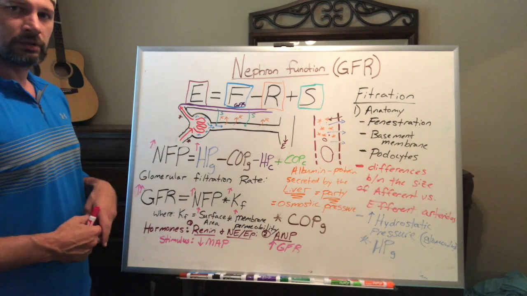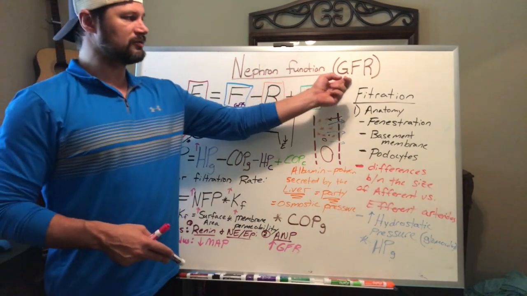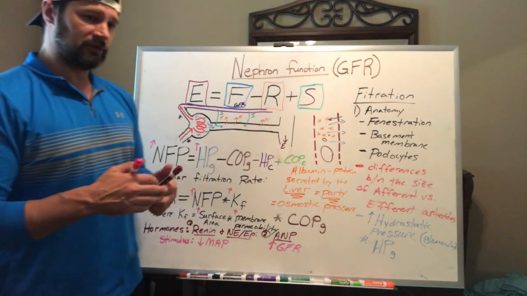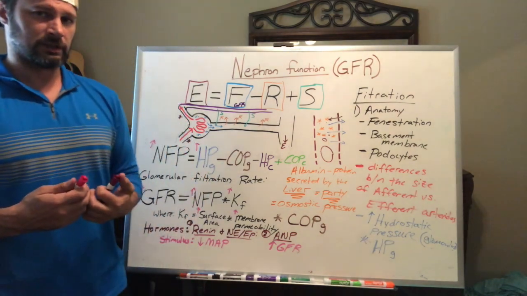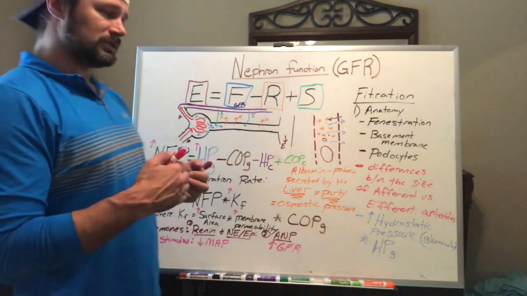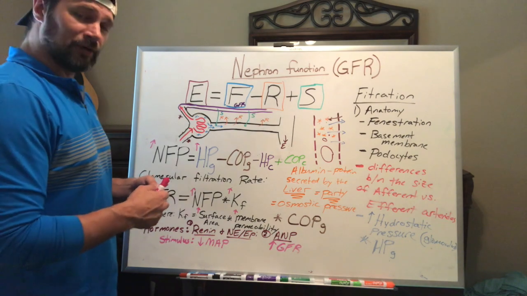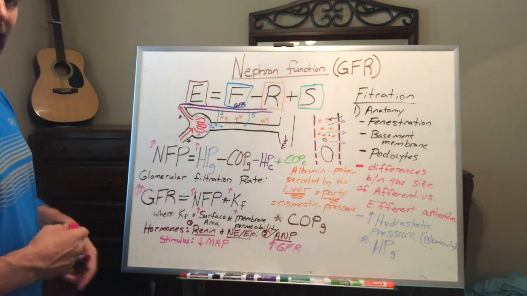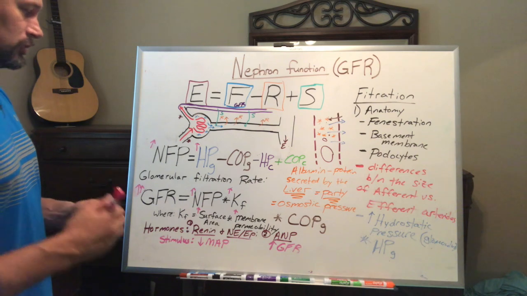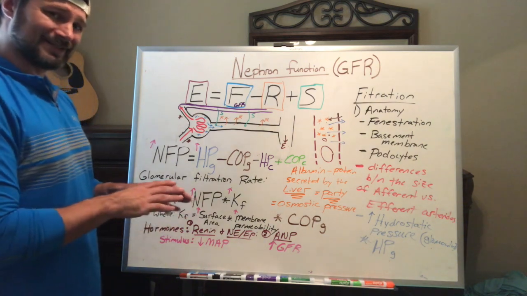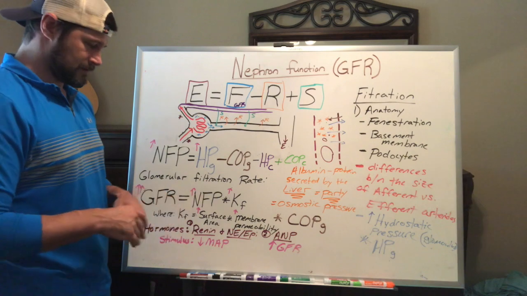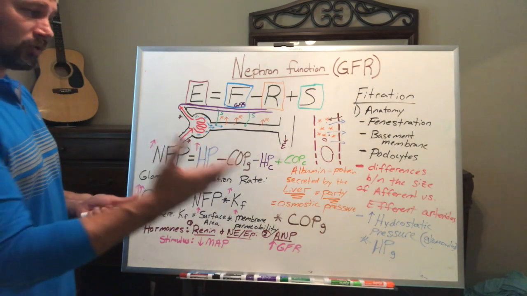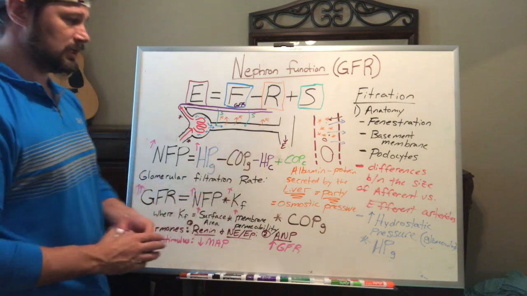Nephron function. GFR, glomerular filtration rate. This is the ultimate of the nephron function. We can completely describe GFR function by understanding a couple of formulas. And using these formulas, we can understand any hormone effect, any disease effect, any normal physiology versus any pathophysiology, right?